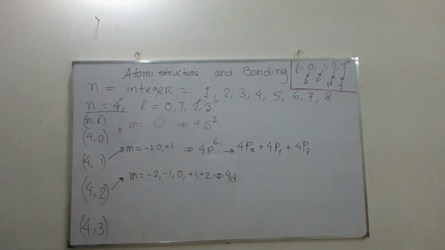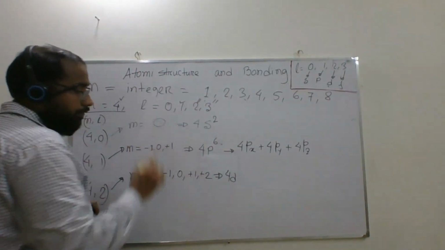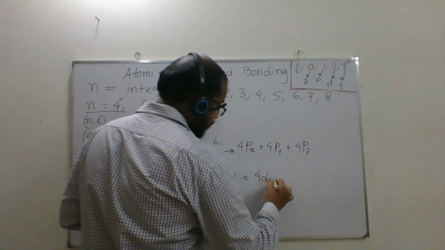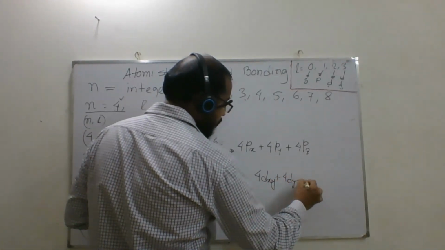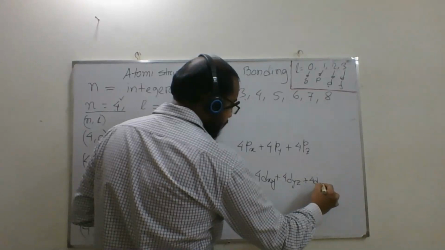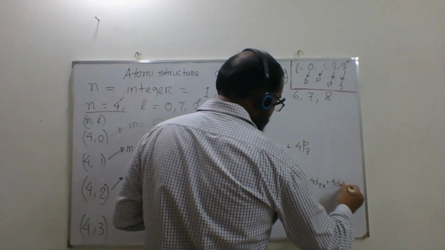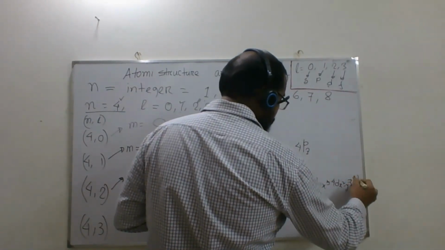Now how many subdivisions in the 4d? 1, 2, 3, 4, 5. So that means there will be 5 subdivisions: 4d xy, yz, zx, 4d x square minus y square, and 4d z square.